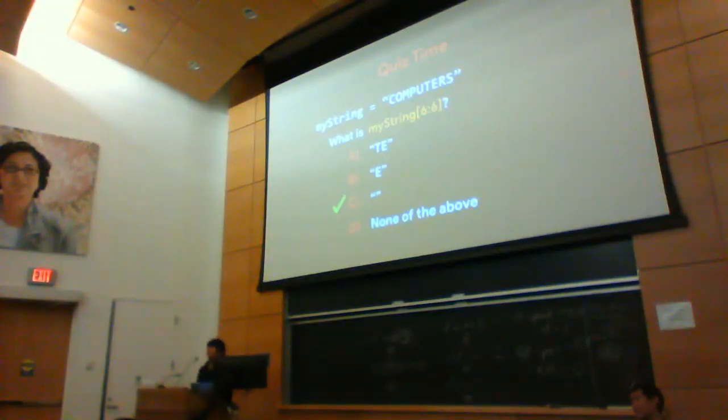It should include 6, but stop before 6. Right, so that's right. Another way of thinking about it is if you're including something that's both in and not in, you're not really indexing the string. So if the indices are the same, it's going to be empty. Now, what if I change it to 6 to 7? Right, in this case, we'll see E, because we're actually indexing a single character in the string.